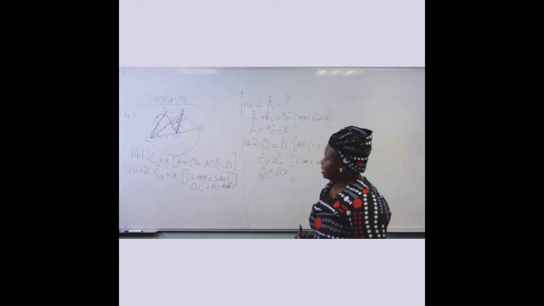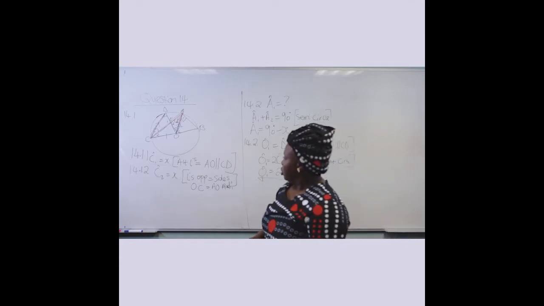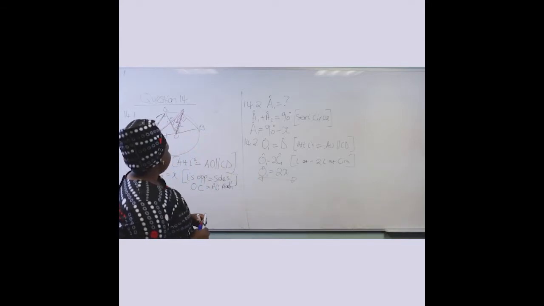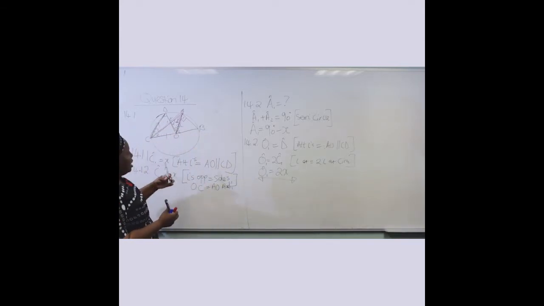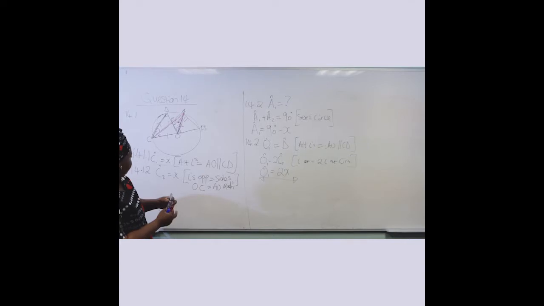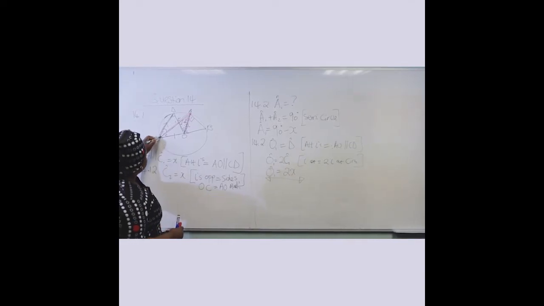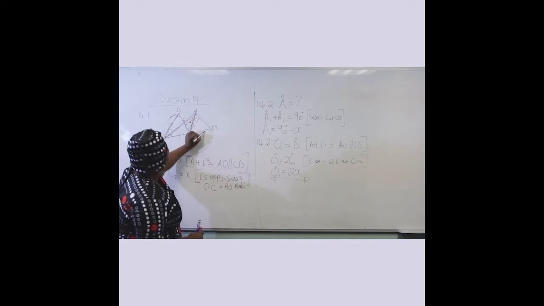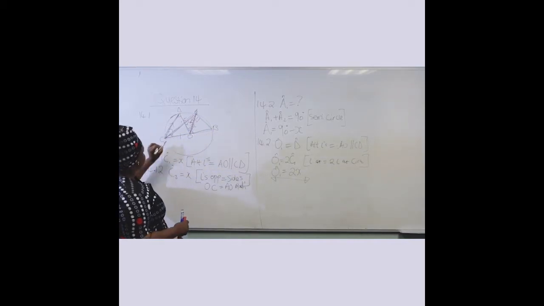Okay, the last question says you must find O2. One will be saying O2 is far out from what I'm looking for. Yes, it is. But let's look at triangle CAB combined together like that.